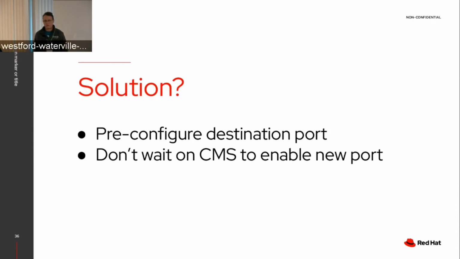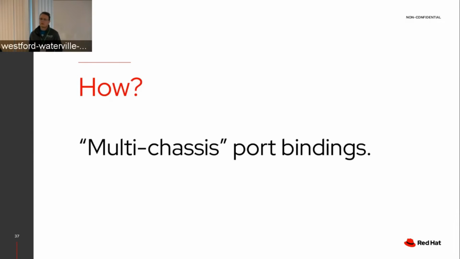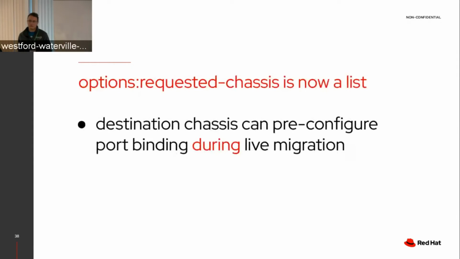So we came up with something called multi-chassis port bindings, which is nothing more than just an ability to bind a port binding not to a single chassis but to multiple.